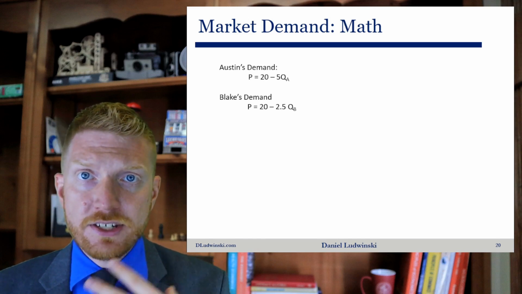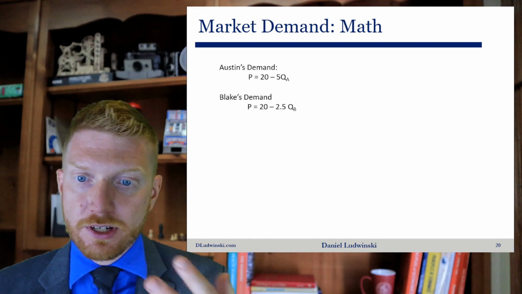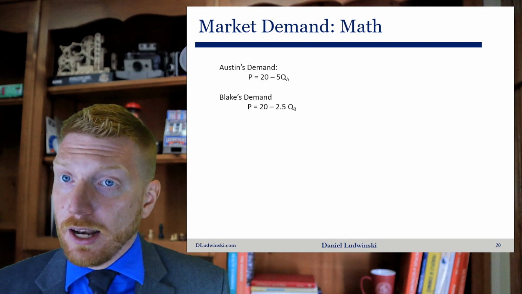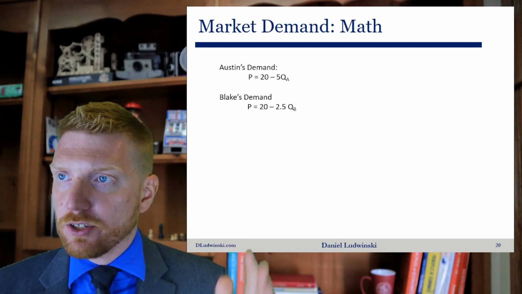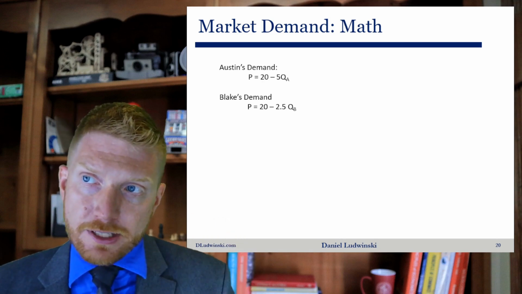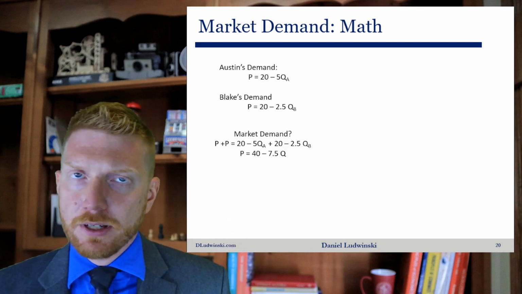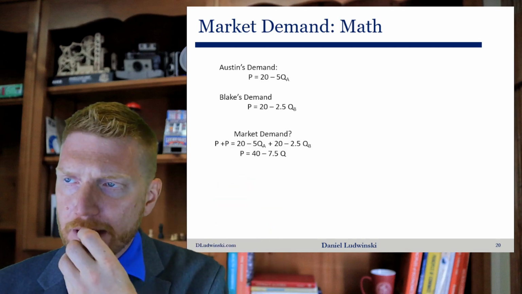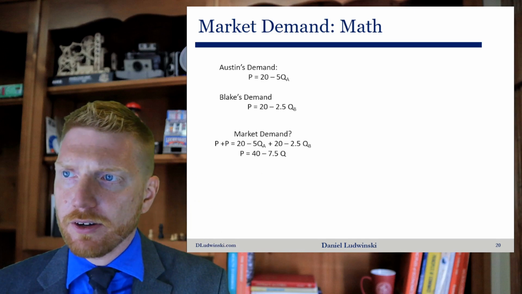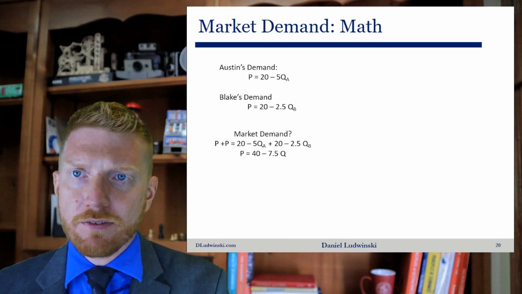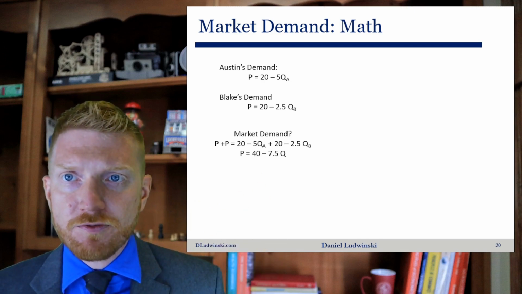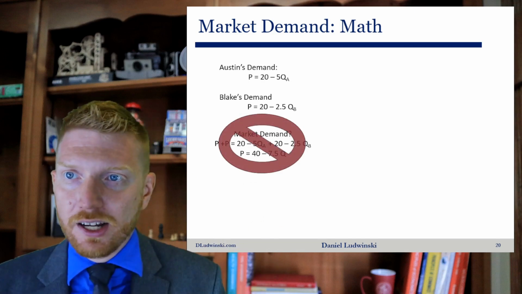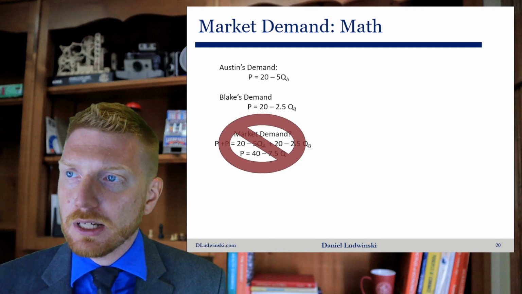And the temptation that I see a lot of first year students, and even students further along in their studies, and I make this mistake myself because you're moving quickly, is to just add them together to get market demand. You ignore the fact that it's price on the left, and you add them together and you get 40 minus 7Q. This is very wrong. It gets you a nice mathematical answer, which feels like, yay, I got it, and it will give you a solution to a problem.